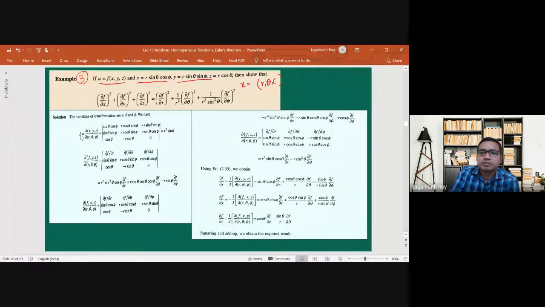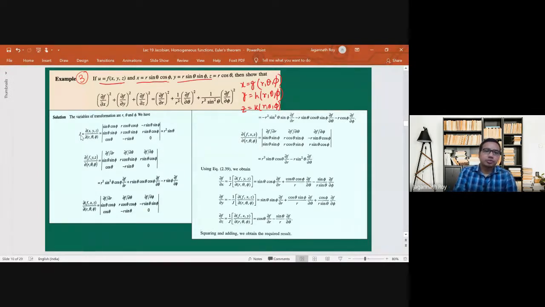F is a function of some... F is already there, so let us write g here. y is a function of h, r, theta, phi, and z is a function of, let us say, k, r, theta and phi.